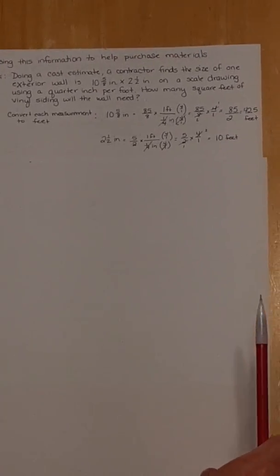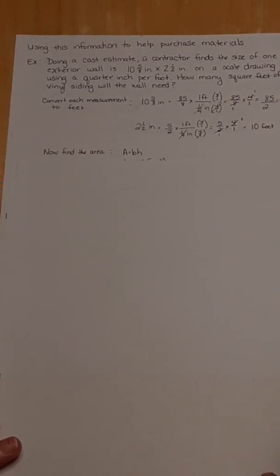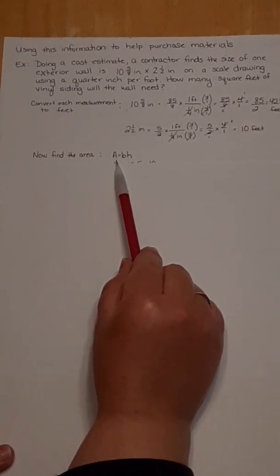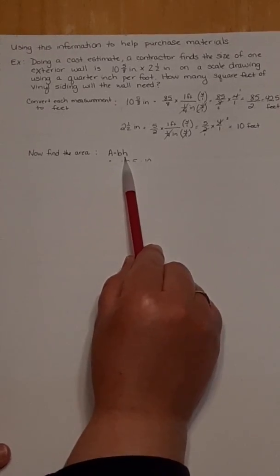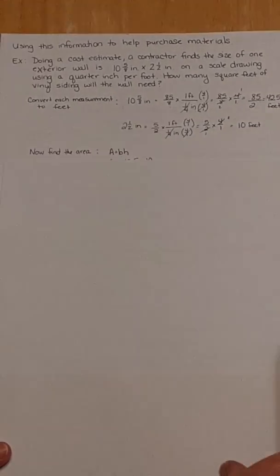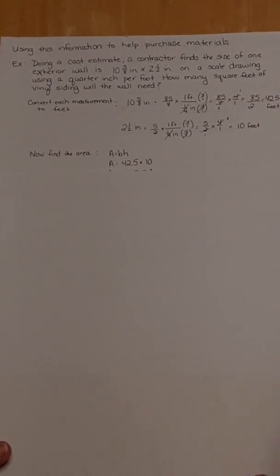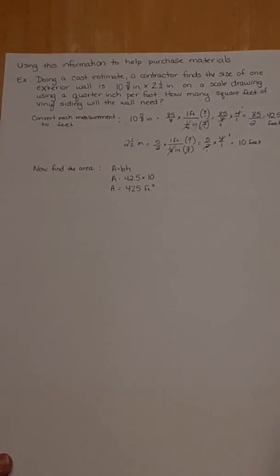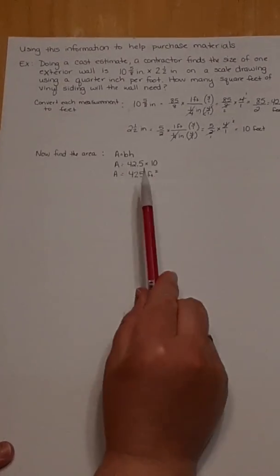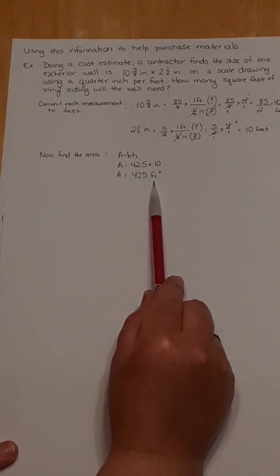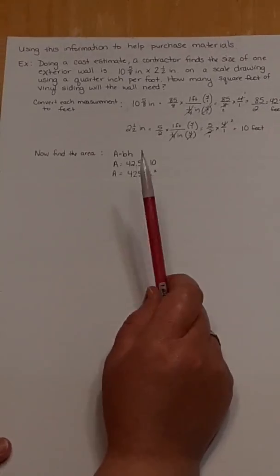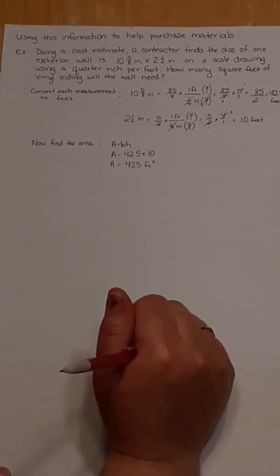Remember, area of a rectangle is area equals base times height. So I'm going to take these measurements, insert them into my equation, multiply them out, and I find out that I have 425 square feet of area that I need to cover.